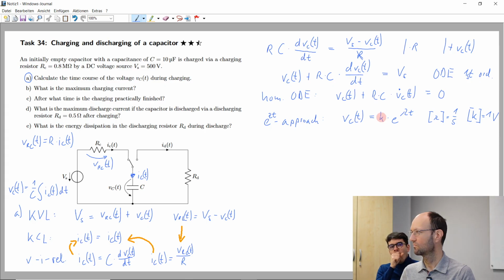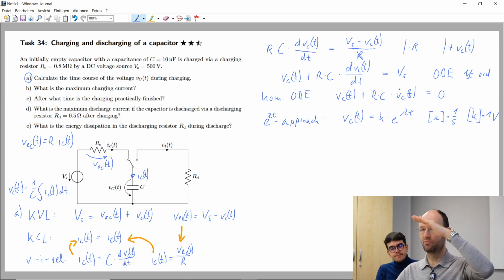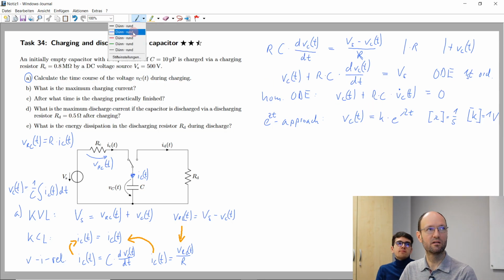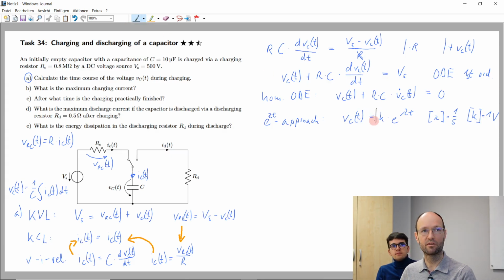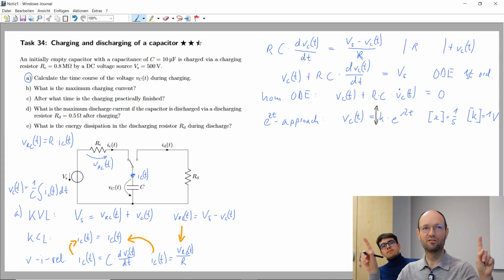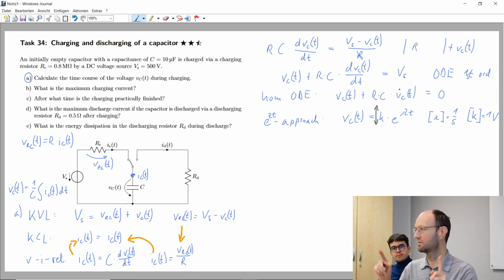Stretch it or squeeze it in the vertical direction. And the lambda, what does the lambda do with our time function? Exactly, it also squeezes or stretches this function, but in horizontal direction.